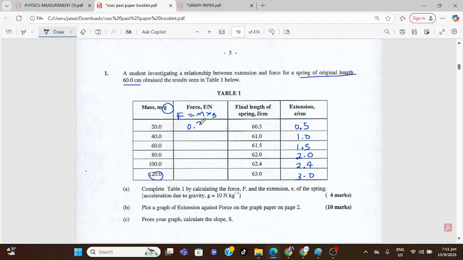This is going to be 0.4. This is going to be 0.6. Later we'll talk about the calculation. This is going to be 0.8. This is going to be 1.0, and it's going to be 1.2.